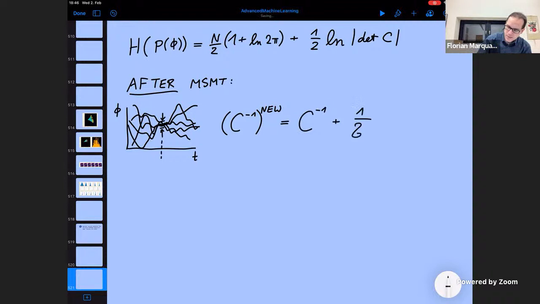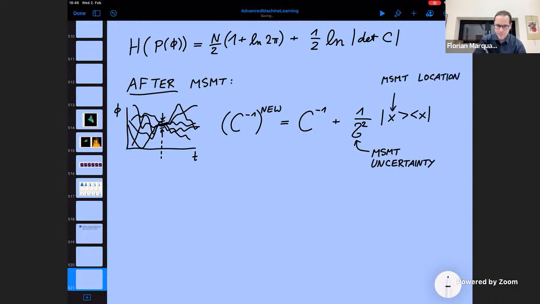It's 1 over sigma squared, which is the measurement uncertainty, so this Gaussian measurement noise that we added, times something that for brevity I will write in this way. So x indicates the measurement location, which in our discretized world is just one point on this grid. So I have many points on my grid, and there is one point, and that is x, my measurement choice.